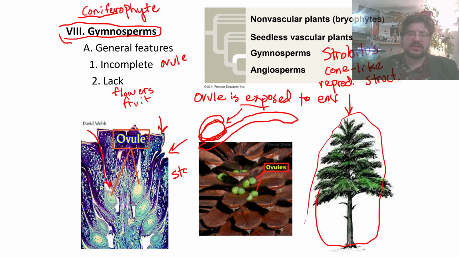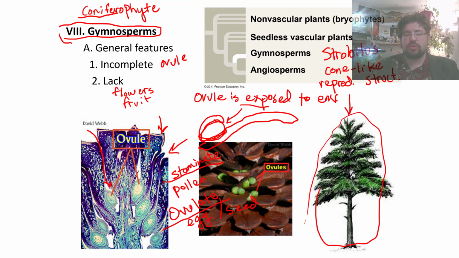You have a staminate, which produces pollen, and an ovulate, which contains the ovule and produces the egg and the developing embryo. So, staminate cones and ovulate cones.